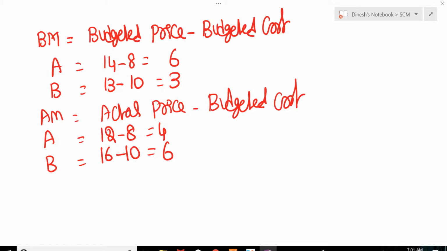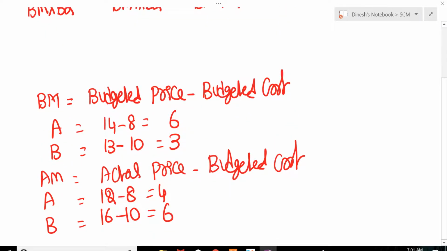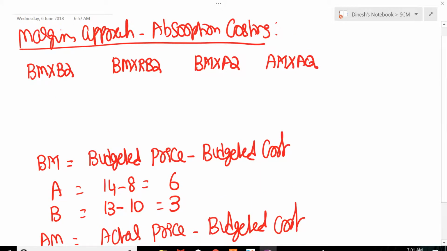Now let's capture this in the main working note. Any doubts on 6, 3, 4, 6? See, BQ, RBQ, AQ, AQ, copy paste from the earlier calculation. That's going to remain same. What changes is this.